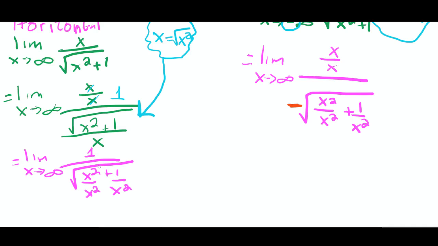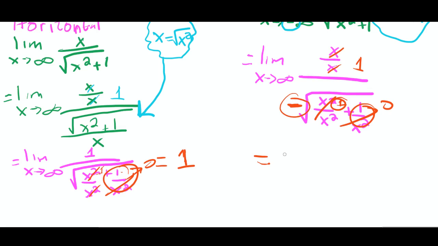So if you do the rest, this goes to 1, and this goes to 0, so this is equal to positive 1. And here, this goes to 1, this goes to 0, and because of this negative now, this is going to be negative 1.